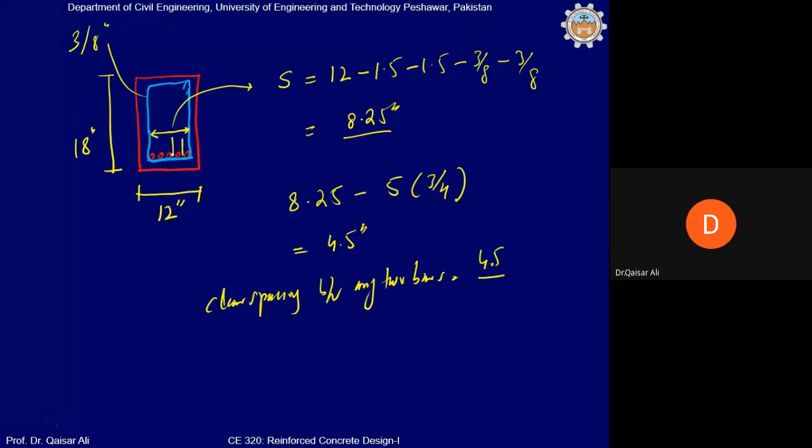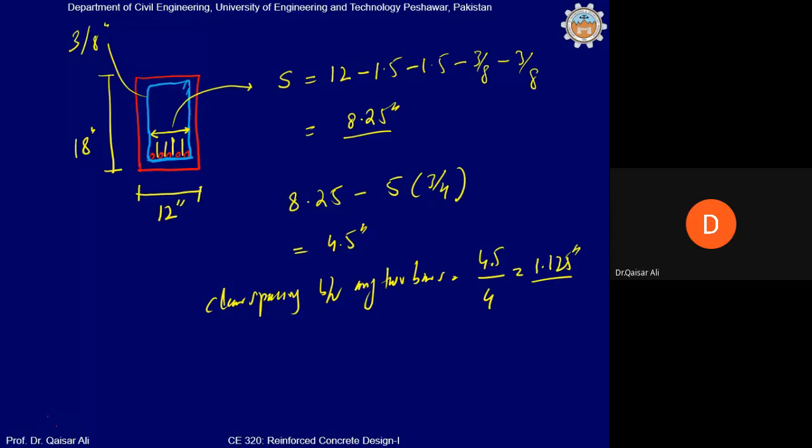So 1, 2, 3, and 4, divided by 4. You calculate. 1.125 inches.